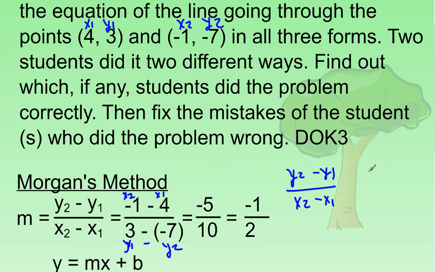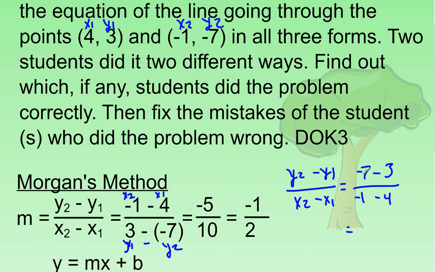So y2 should be -7 minus the y1 value, which is 3, over x2, which is -1, minus x1, which is 4.